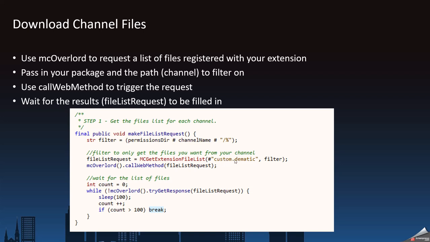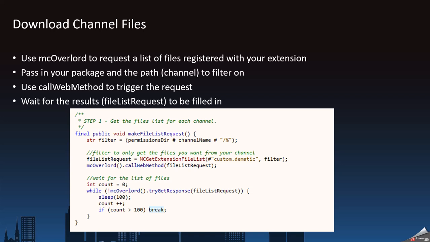Our Dematic extension is here. Our filter is here, which is just our cool channel name. Then we call the web method, and since it's a web method, we're really waiting for this response to be filled in. And I did a little cheat sleep method here.